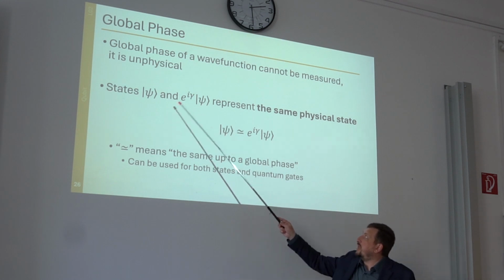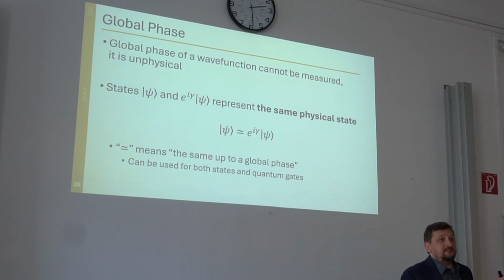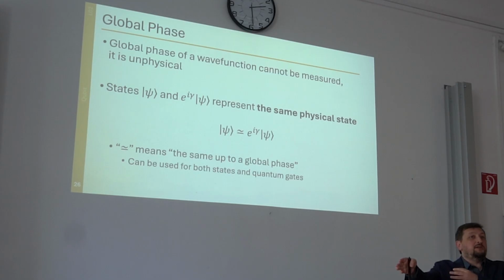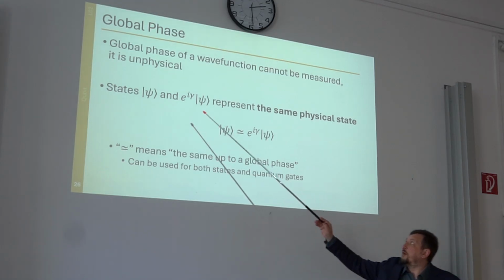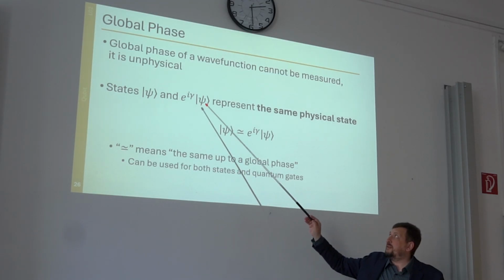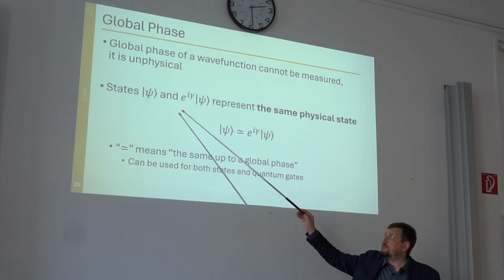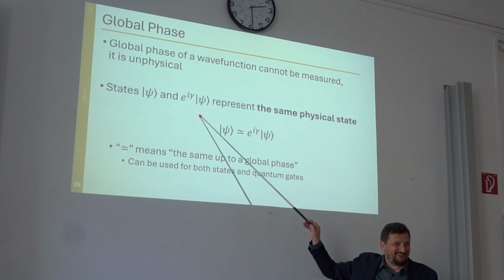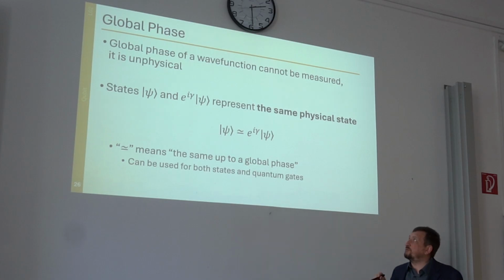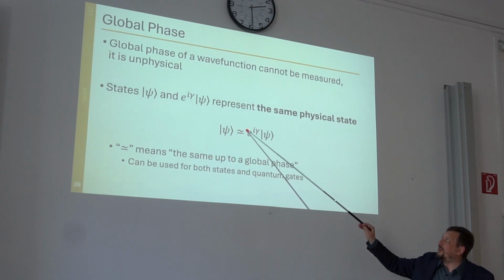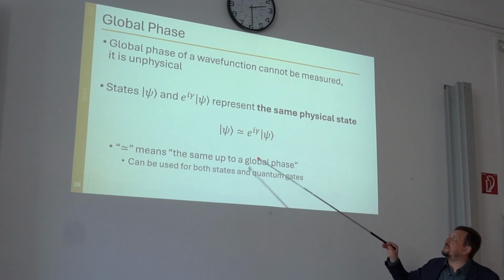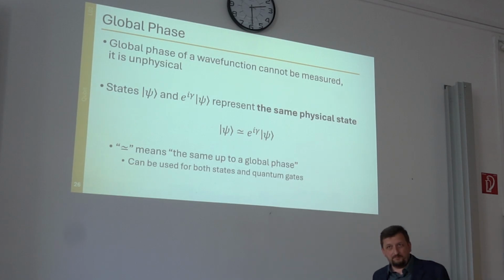So these two states physically represent the same state. Mathematically, yes, if you run some numerics on your computer you will get a result like this, but I will get a result like that, and I will check your homework, you will get F because they are different, right? But physically, it's the same. So we denote it with this: they are the same up to a global phase.